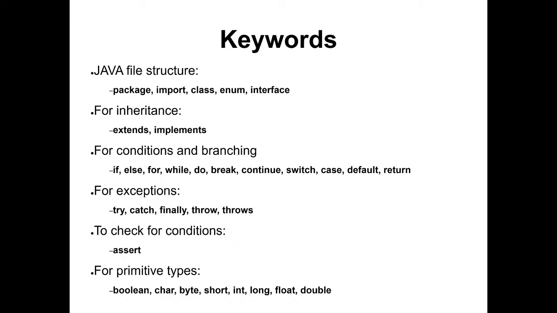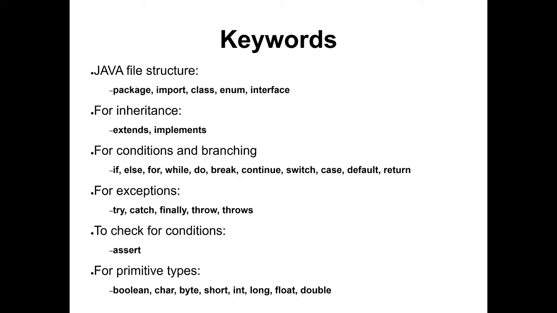Switch. If you have several options and you want to switch between them, then you need to use the switch statement. Case and default are part of the switch block. Then return, if you want to go out of the method you're currently in.